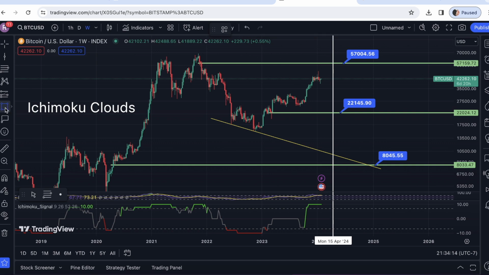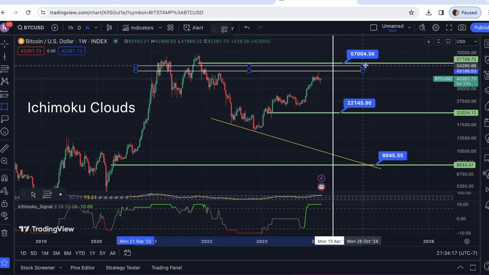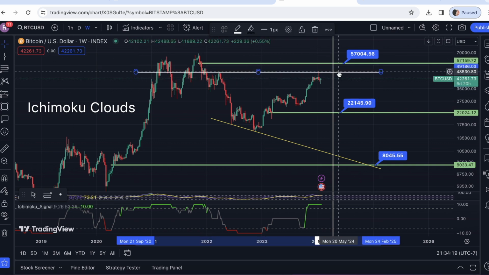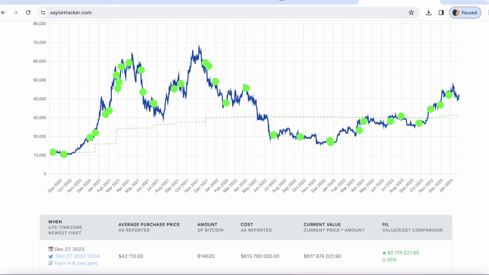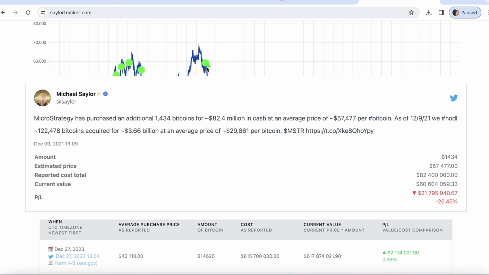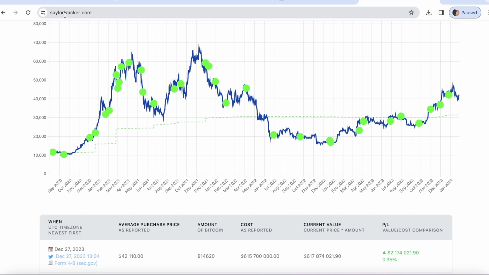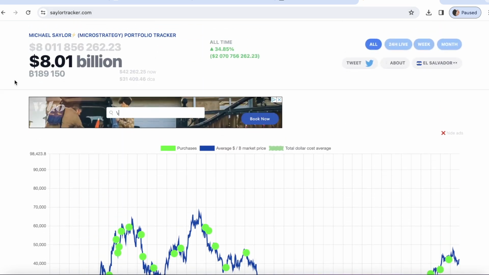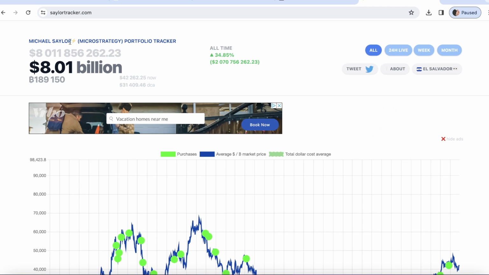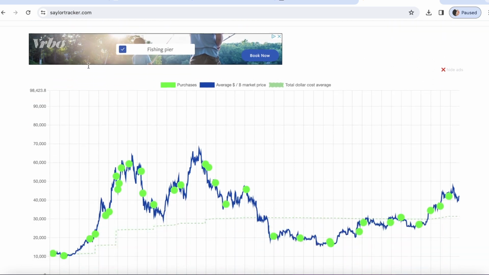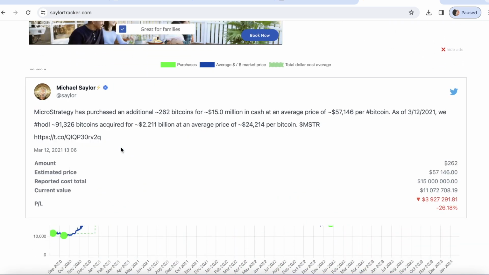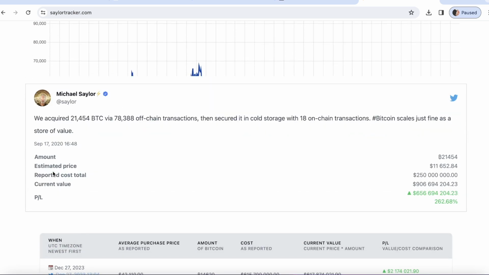A lot of you guys don't want to listen, and it's fine, but this is what I'm seeing from the charts. Another thing that I want to talk about is Michael Saylor's buying prices. If you go to saylortracker.com, this is a website designed just to show how much Bitcoin Michael Saylor has been buying, what the portfolio is, where he started buying and what the price was.